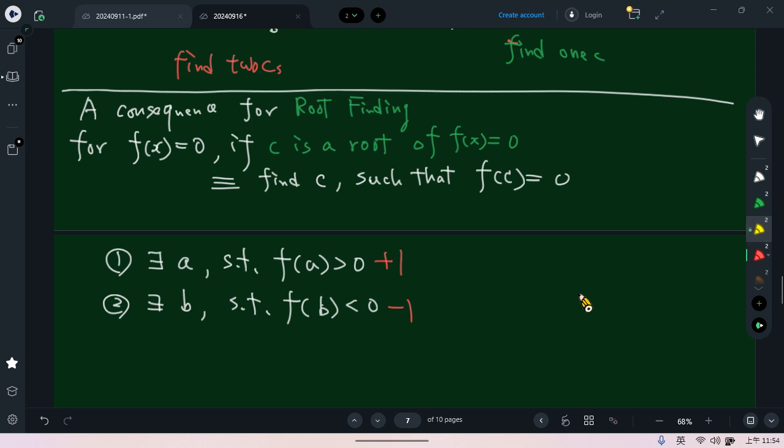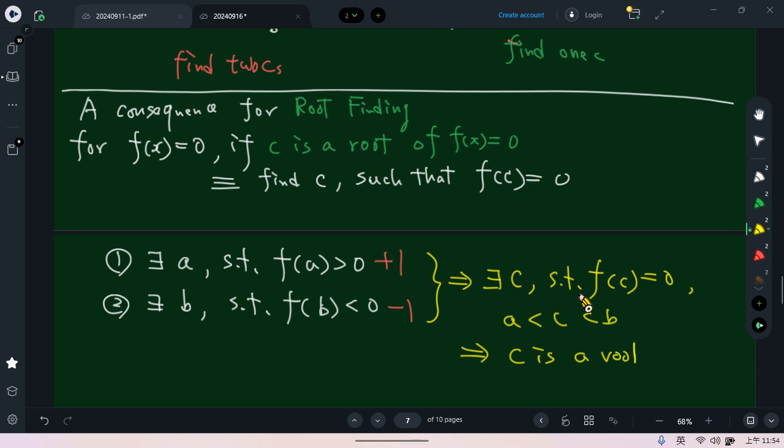Based on this, we can find c such that f of c is 0, and c should be between A and B. Then we say c is the root of f of x.